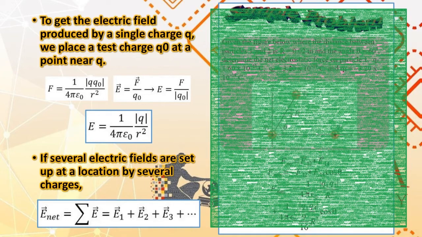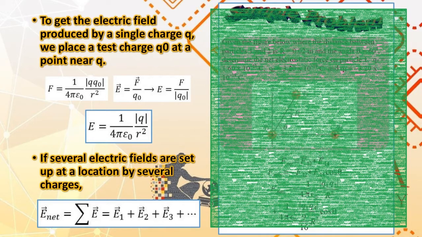Again, r is the distance between q naught and Q. If you remove q naught, r is the distance between Q and the point at which you are determining the electric field.